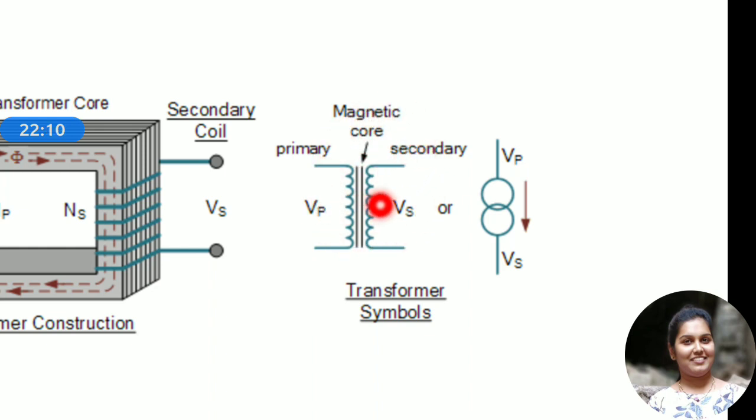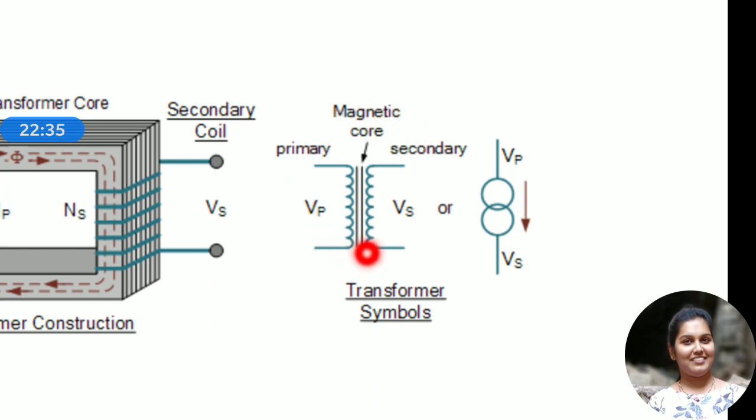Instead of iron, we can also use a ferrite core. Then we use dotted lines here instead of straight lines. So when we use dotted lines, we call it a ferrite core transformer, and when we use straight lines, we call it an iron core transformer. On the left side we see a primary winding, on the right side a secondary winding.